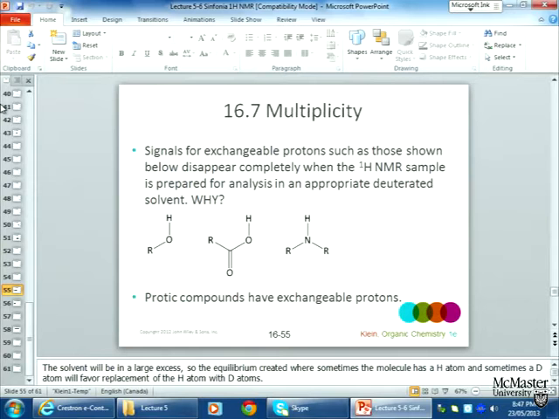Through the same mechanism, if you run that mechanism through and change one of the hydrogens to D, you will be able to show that you can exchange the OH proton of an alcohol for an OD group, a deuterium group. And deuterium is the heavy isotope of hydrogen. It actually is NMR active, but it resonates at a very different frequency.